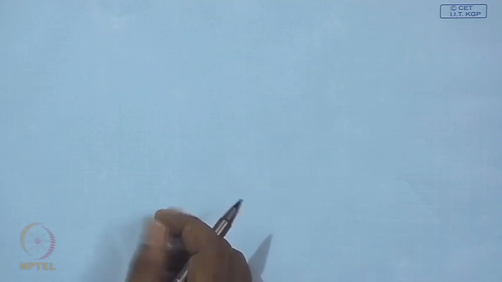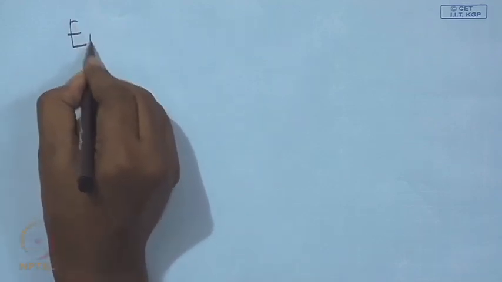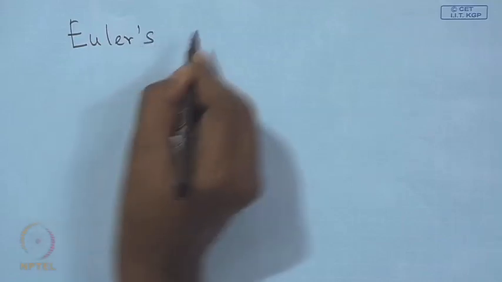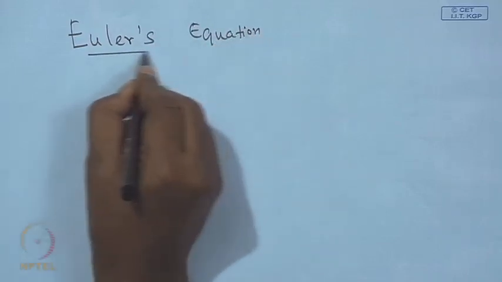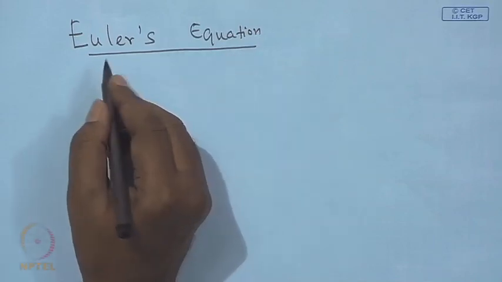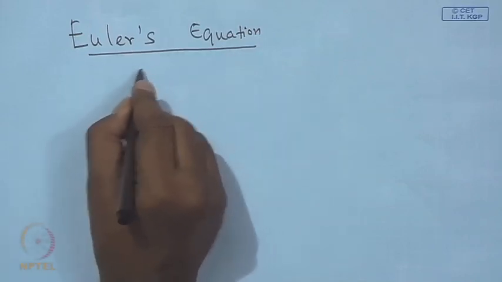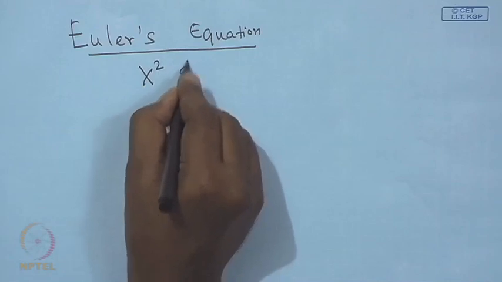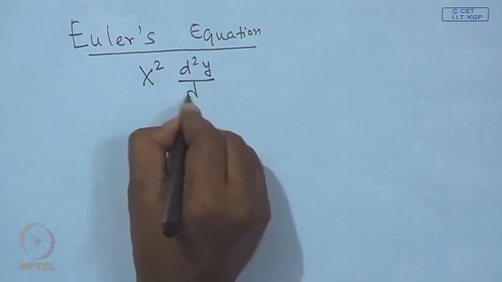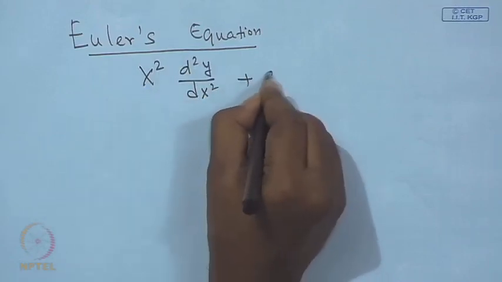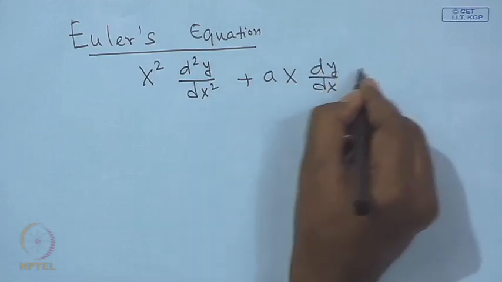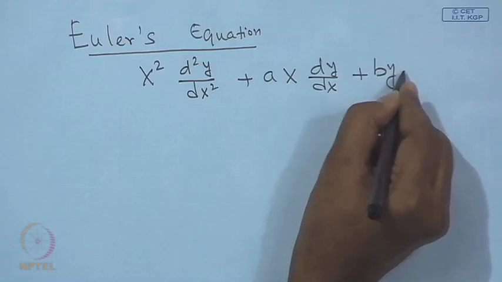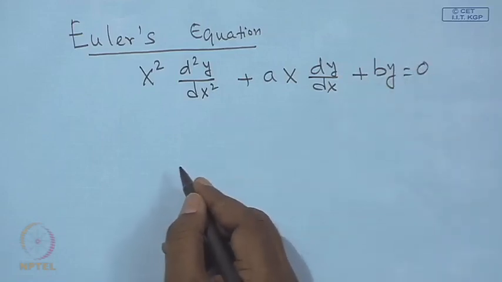The next special ordinary differential equation that we will be talking about is Euler's equation. Euler's equation is in the form x square d square y dx square plus a x dy dx plus b y is equal to 0.